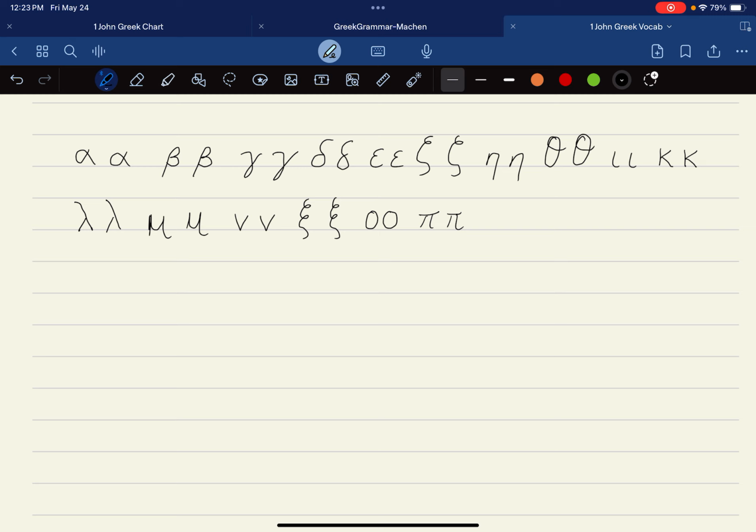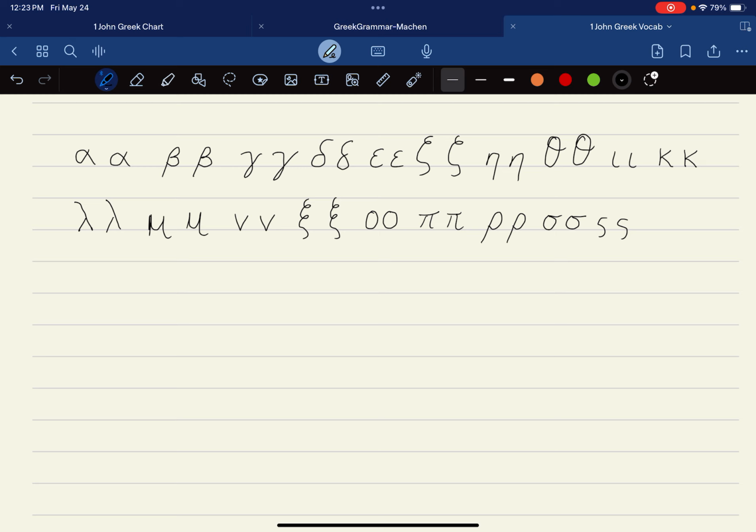Now we have the rho. Remember, sigma has two different writings. So that's sigma.